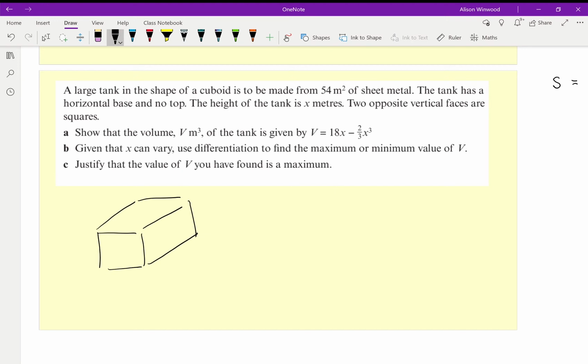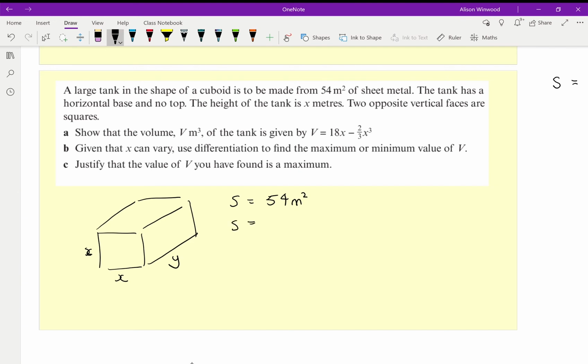The tank has a horizontal base and no top, and the height is x. Two opposite vertical faces are squares, so this must be x as well, and then this is a length we don't know. But we do know that the surface area is 54 square meters.